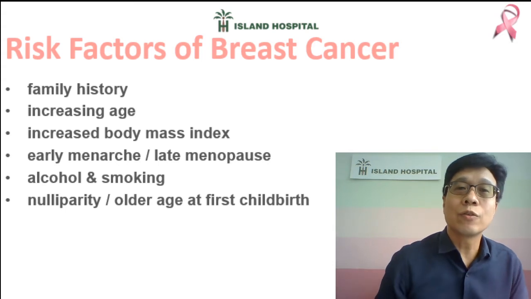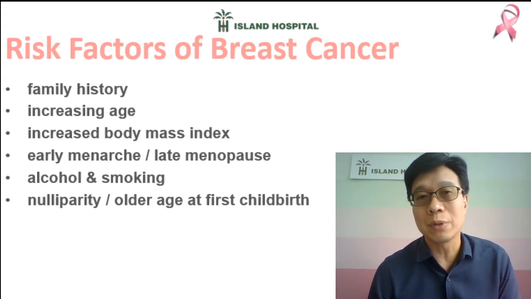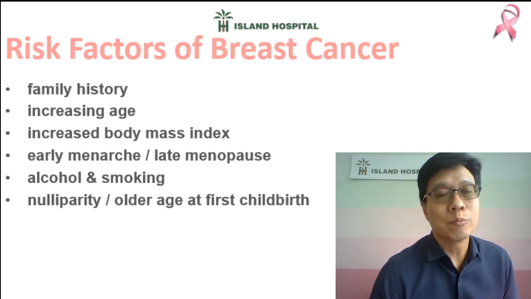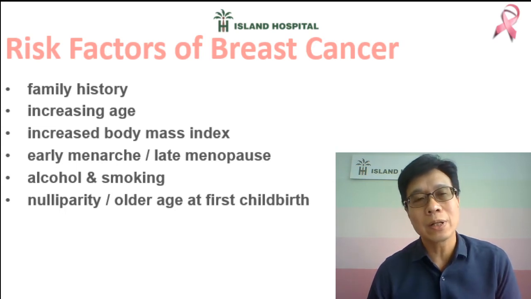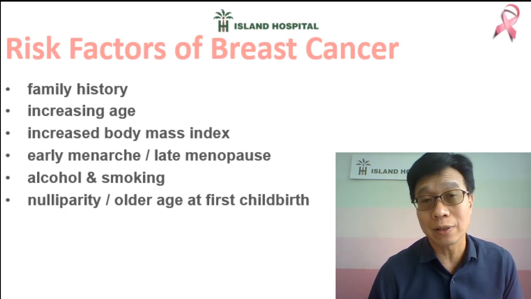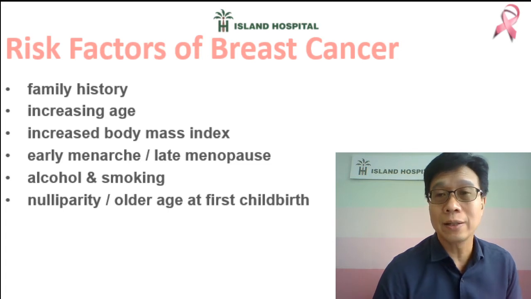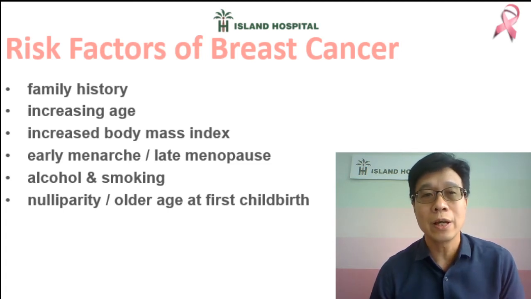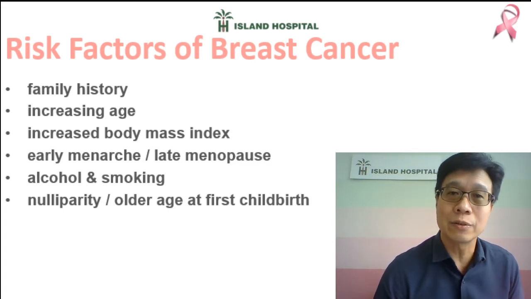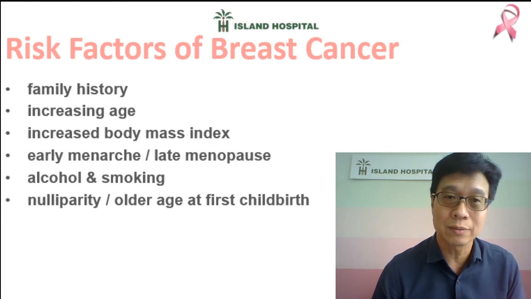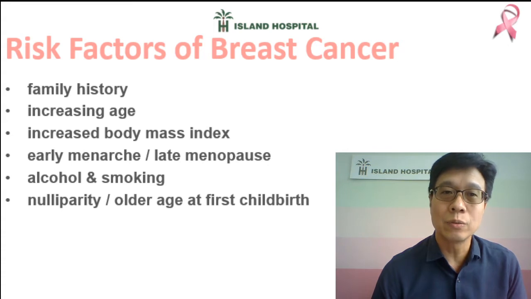The risk factors for breast cancer, number one would be family history. The more family members that one has, especially first degree relatives with breast cancer, the higher your risk becomes. Age is another risk factor. With increasing age, the risk will increase. The higher the body mass index, the higher the risk.